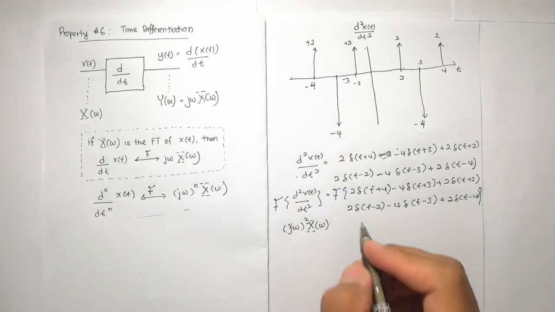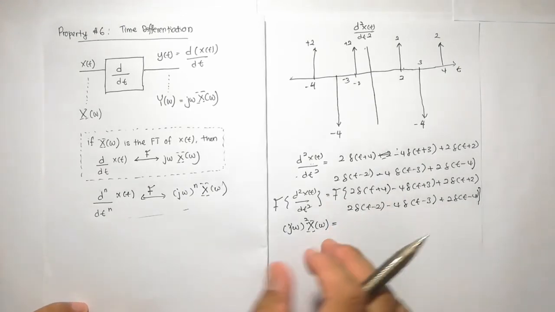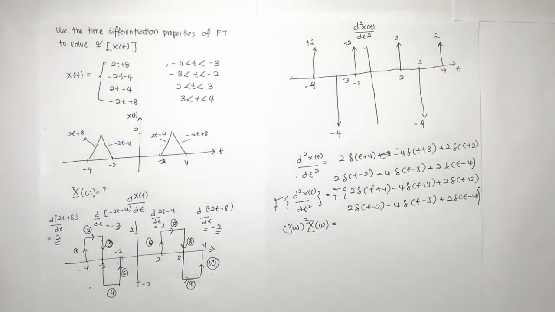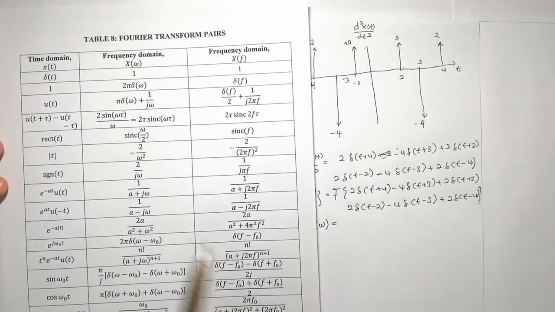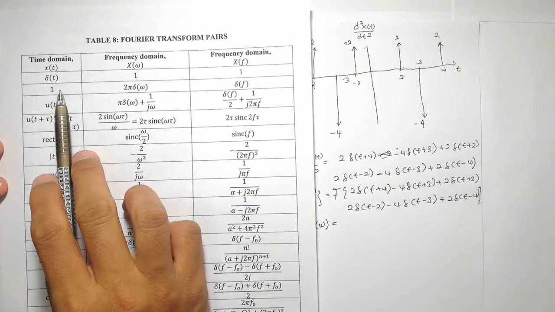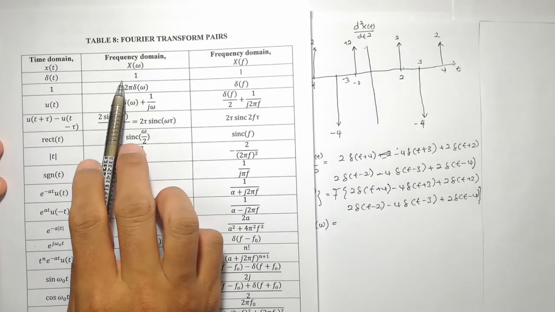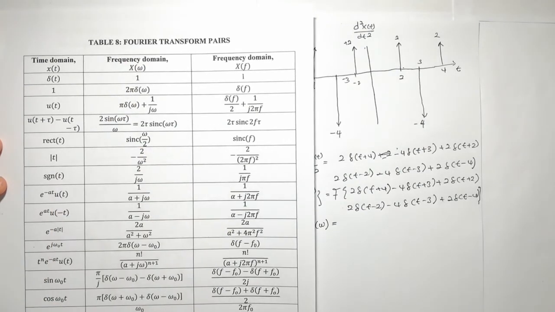When we do the Fourier transform of the delta function, it is equal to 1, based on the Fourier transform pair for the delta function.